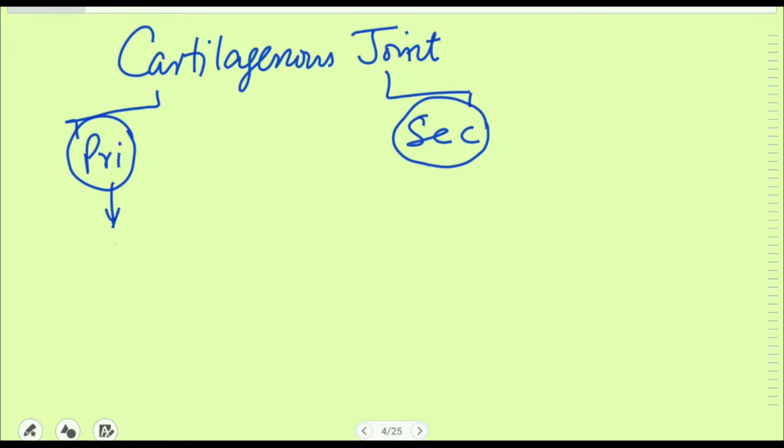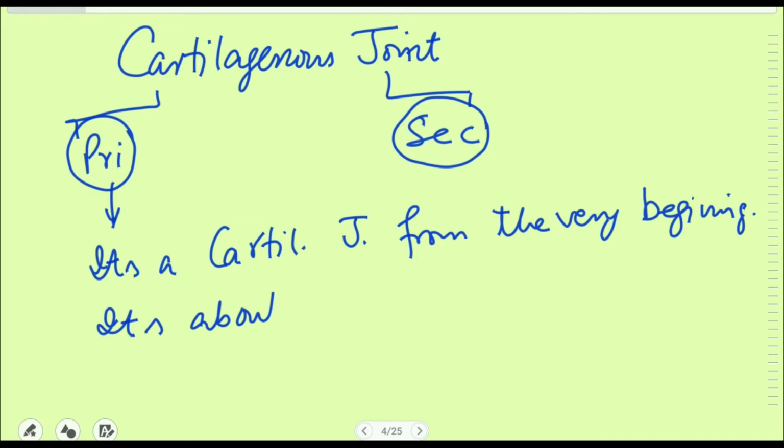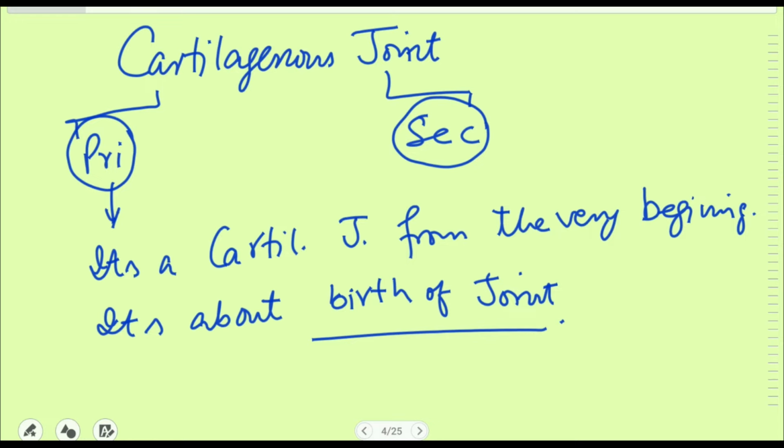A primary cartilaginous joint is a cartilaginous joint from the very beginning. It's about the birth of a joint. For explaining this, I have to move to another topic, that is the development of the bone. So I will briefly explain the development of the bone.